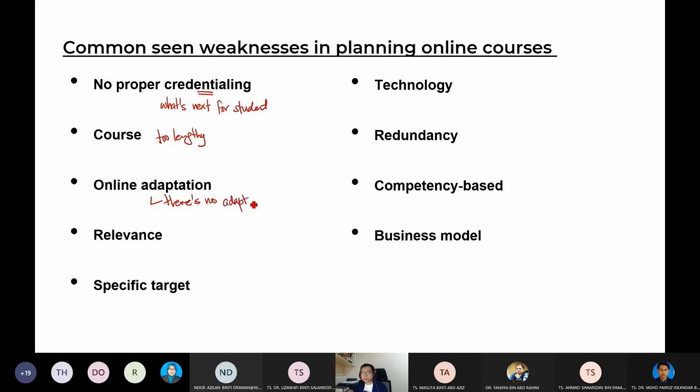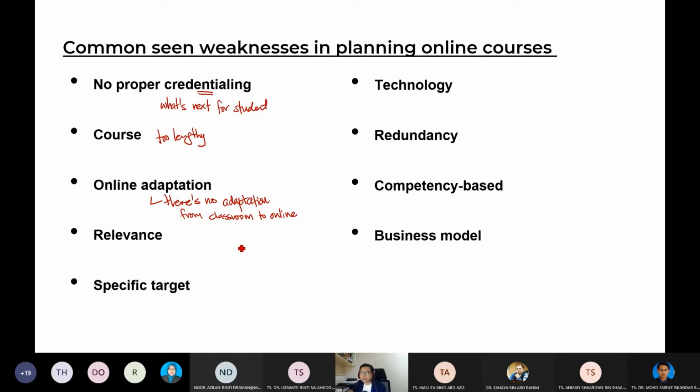So there's a big problem when the design and instruction is not suitable for online, from classroom to online. This is really important in terms of pedagogy, in terms of instructional design and everything. So usually the lecturer can just take any course and put it there, and that's it.